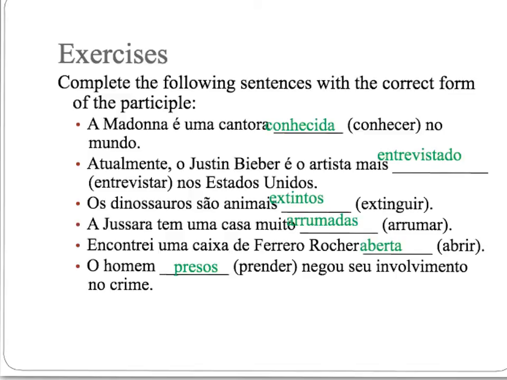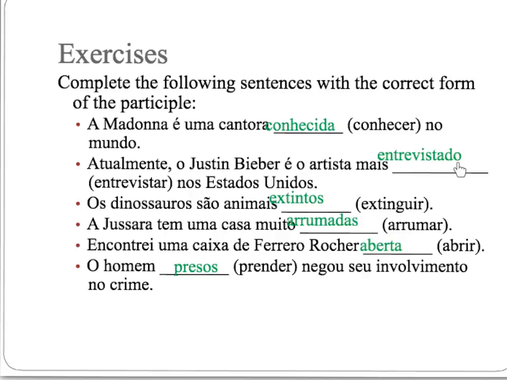Alright, for the second one. Atualmente, o Justin Bieber é o artista mais... So, lately or recently, Justin Bieber is the artist. It is the most interviewed artist in the United States, or the artist that people interview the most. Also, it plays the role of an adjective, okay? And so it has to match.